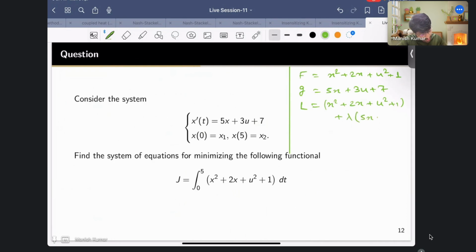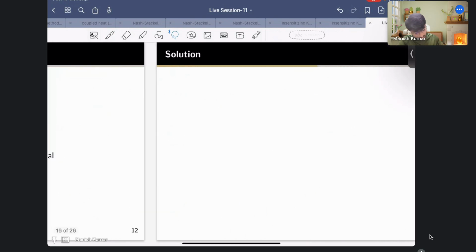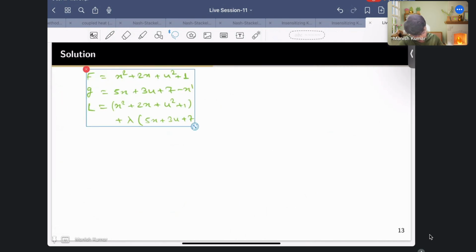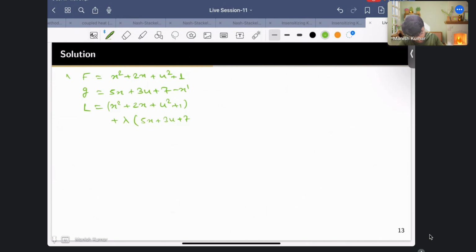Sorry, g would be minus x prime as well. This is plus lambda times 5x plus 3u plus 7. Okay, so this is the Lagrangian.